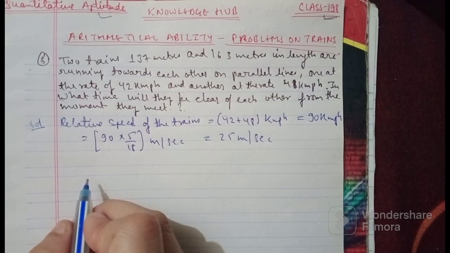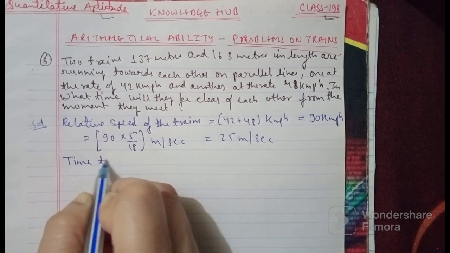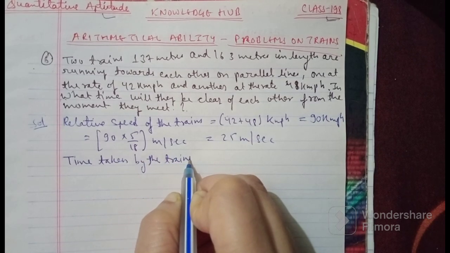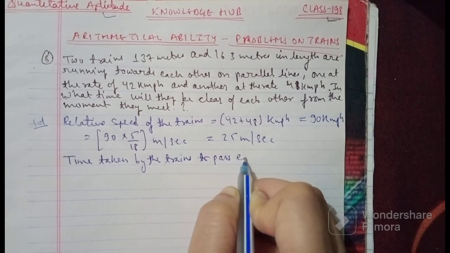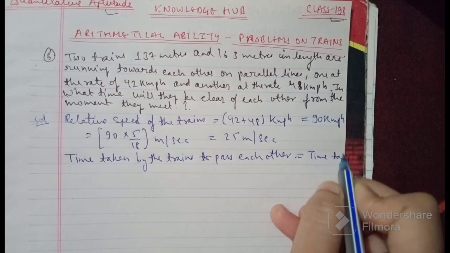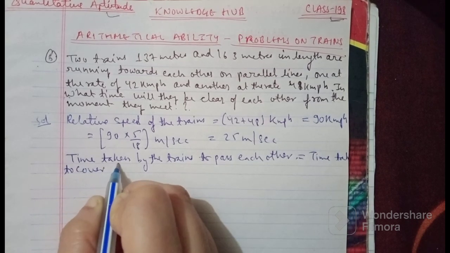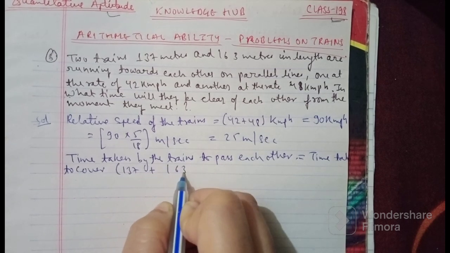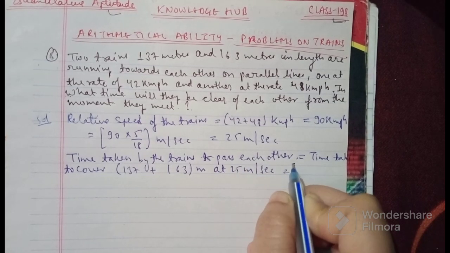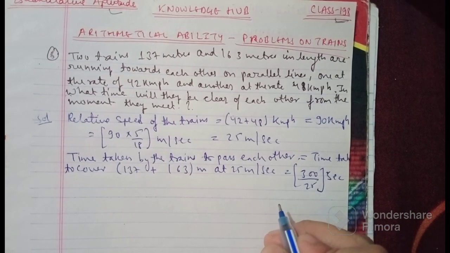Now, time taken by the trains to pass each other equals the time taken to cover 137 plus 163 meter at 25 meter per second, which equals 300 upon 25 seconds, that is 12 seconds.